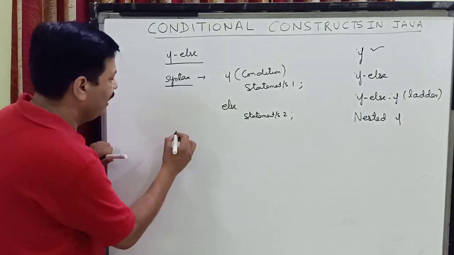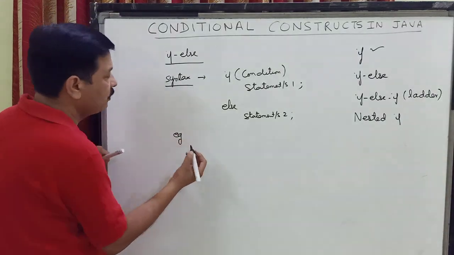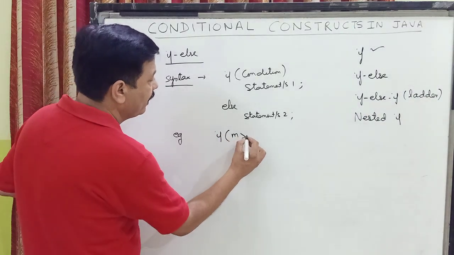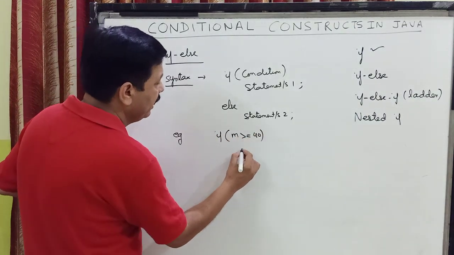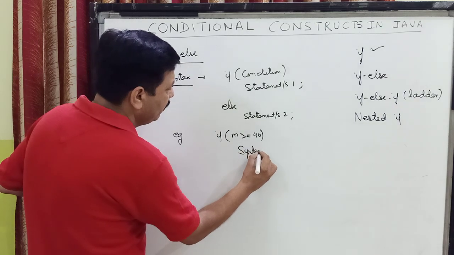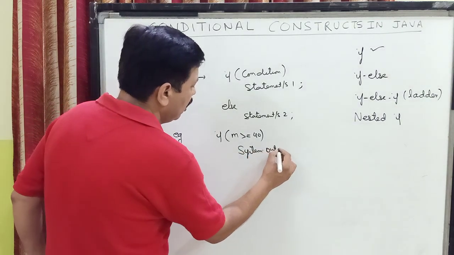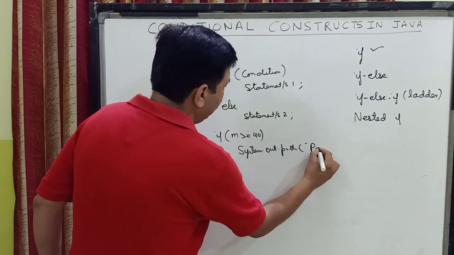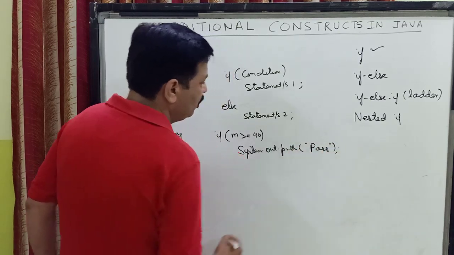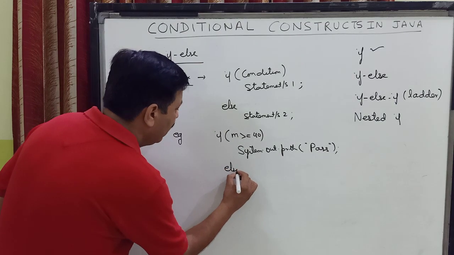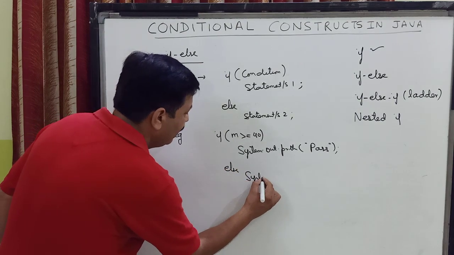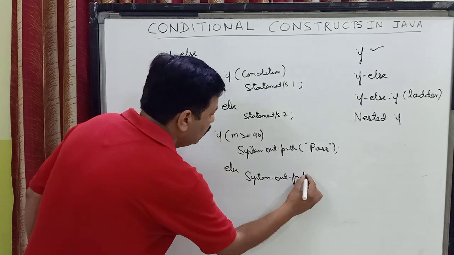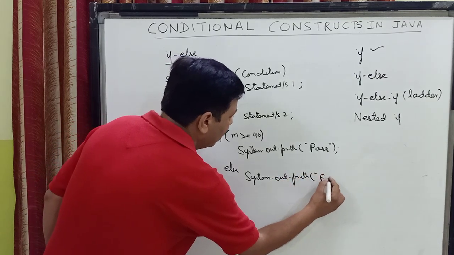Now children, if I see an example over here, say I write if my marks are greater than or equal to 40, System.out.println, I say pass. So I print a message pass, and here I write with else System.out.println fail.